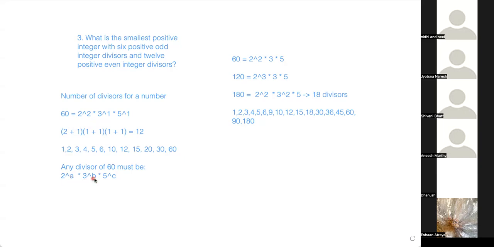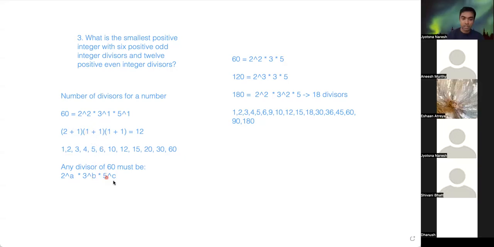Okay, now let's do the same thing for b. What are the options for b? 0 and 1. Good. So that corresponds to this 1 plus 1, which is 2. Let's do the same thing for 5 and c here. What are the choices for c?